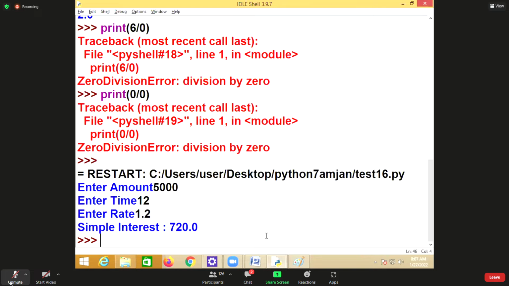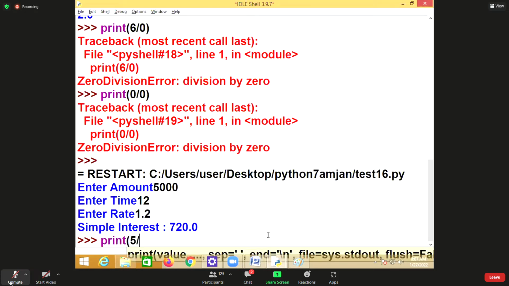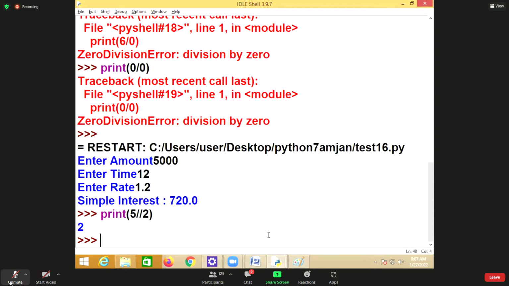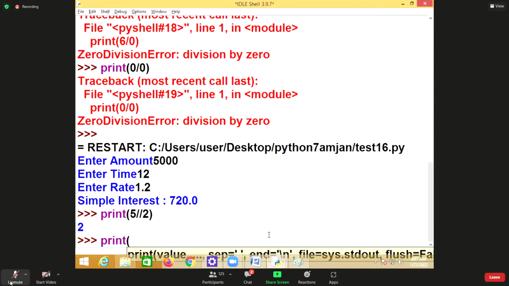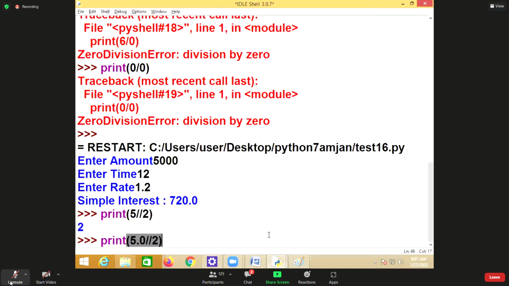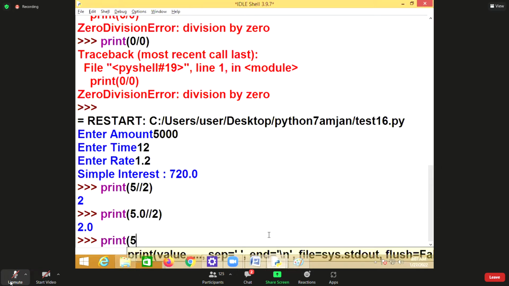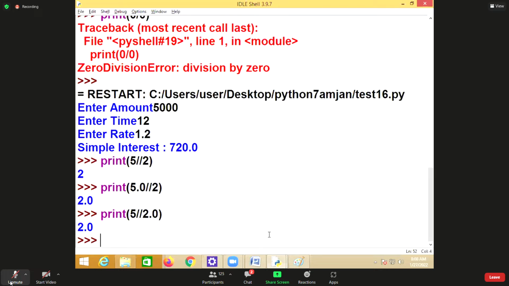Just try to see here. For example, if I say print 5//2, it is 2. If I say print 5.0//2, it is 2.0. If I say print 5//2.0, it is again 2.0.